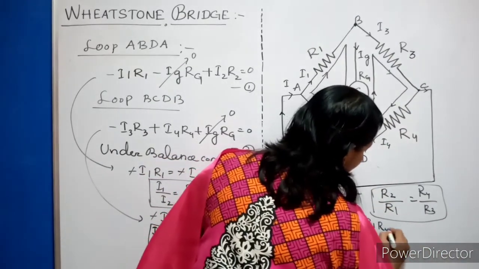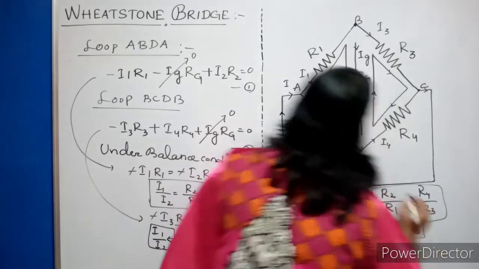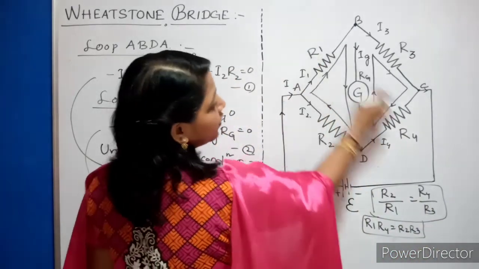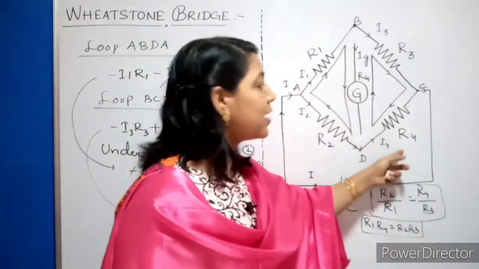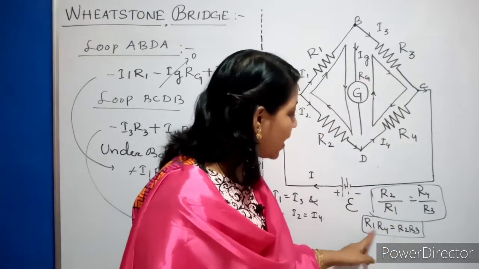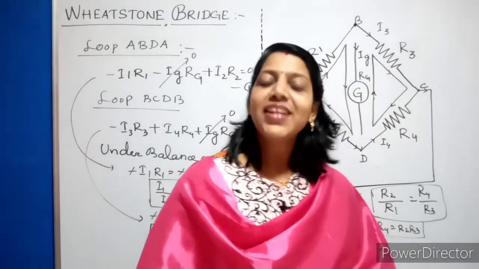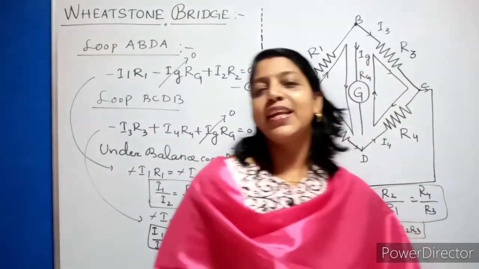What you will find? R1 R4 equal to R2 R3. That is nothing but the product of the opposite branches, R1 and R4, is equal to R2 and R3. As simple as that. Wheatstone bridge is very easy, very enjoyable.